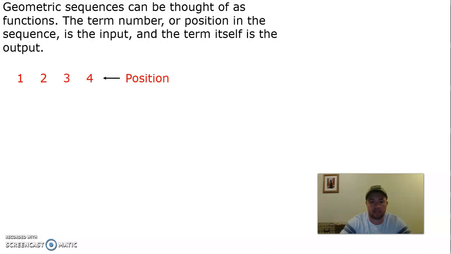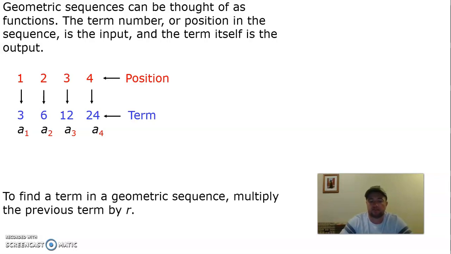So we're going to input a position, so this would be like a sub 1, a sub 2, a sub 3, a sub 4. And we're going to get out an output. So a sub 1 equals 3, a sub 2 equals 6, a sub 3 equals 12, so on and so forth.